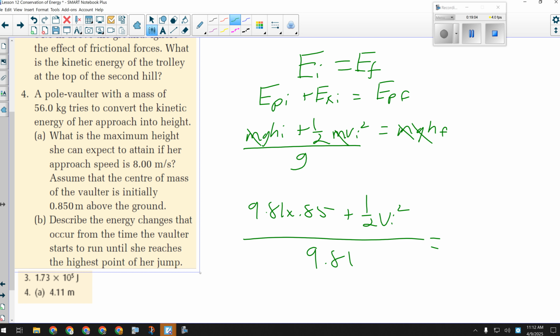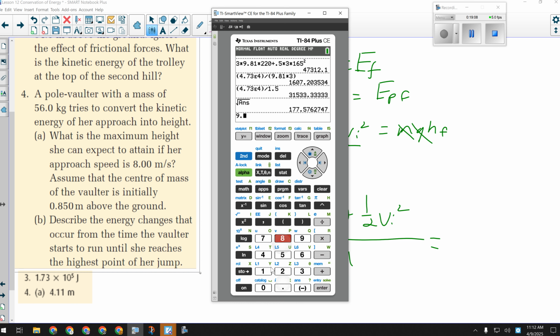That's going to give me her final height. So 9.81 times 0.85 plus 0.5 times 8 squared, divided by 9.81. All right, she's going to reach a height of 4.1 meters.